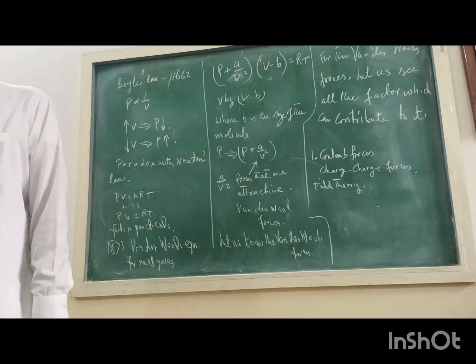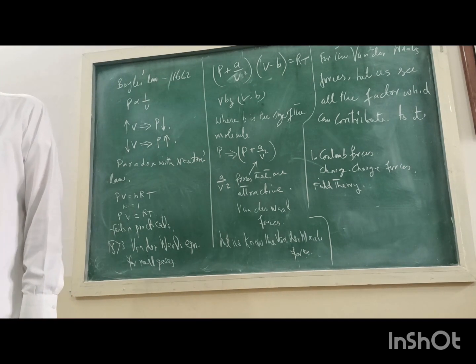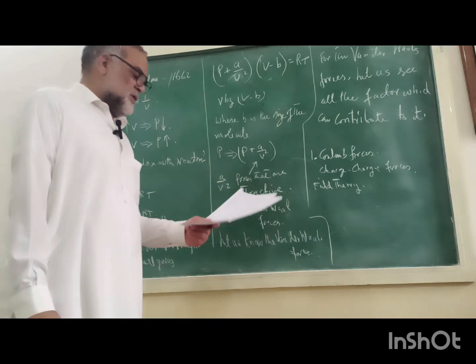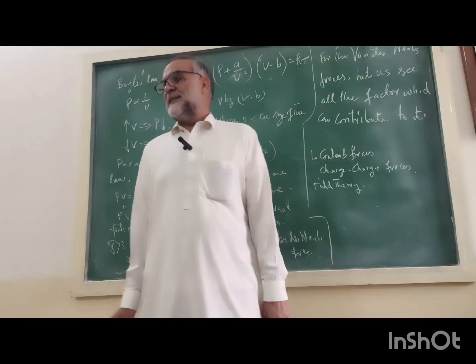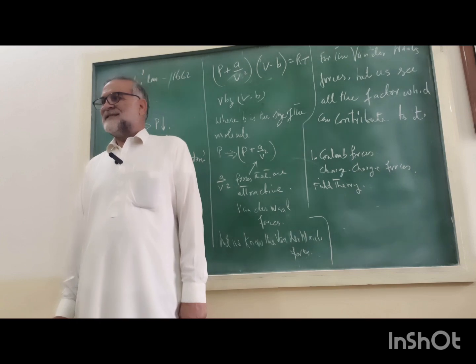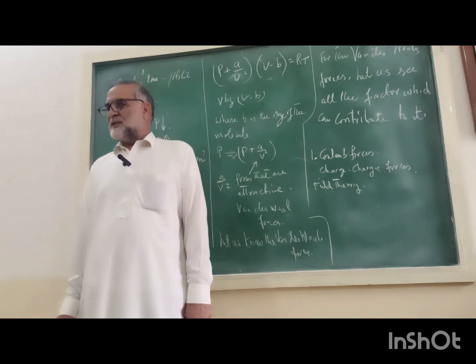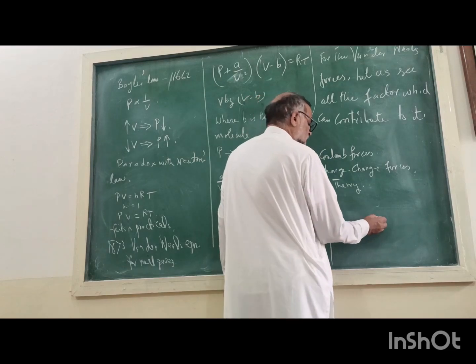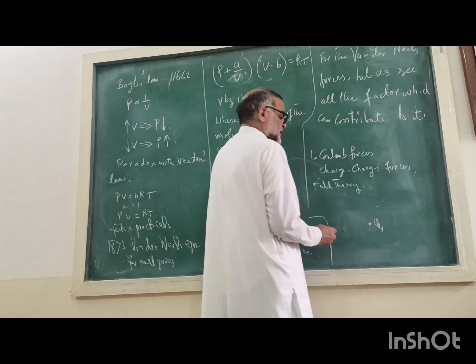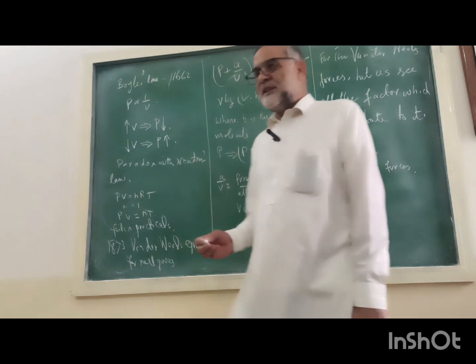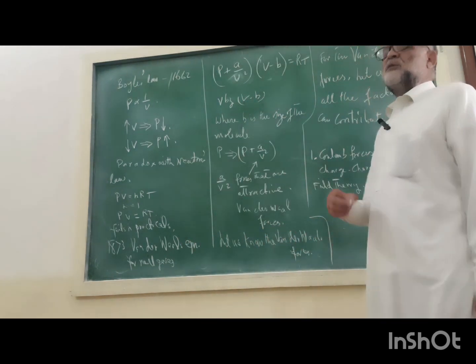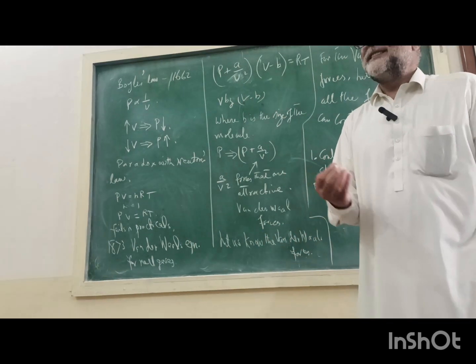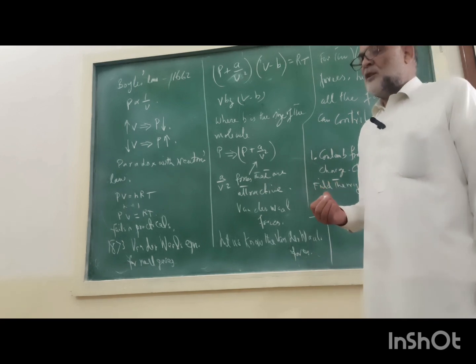In the field theory, we suppose that one charge produces a field around it. For example, some charge Q1 is here, and according to field theory, it produces a field around it. It's not real; we don't know.